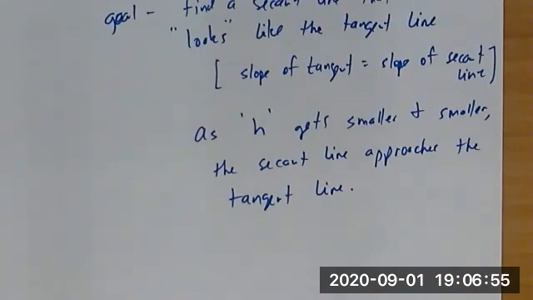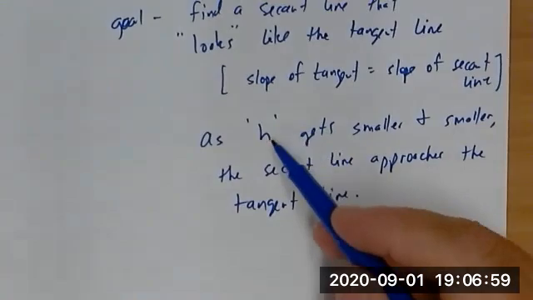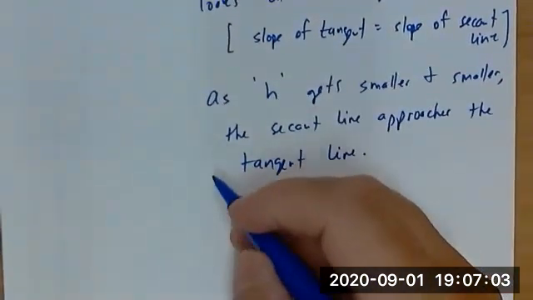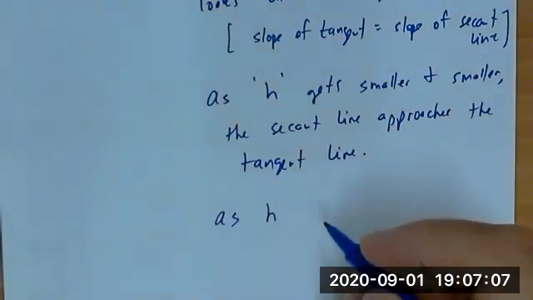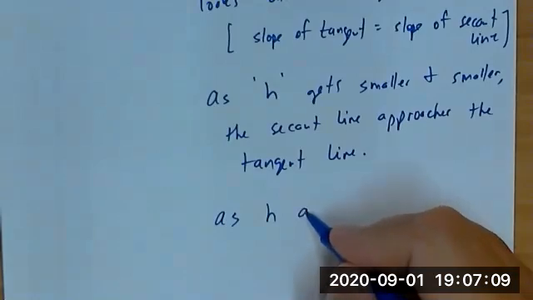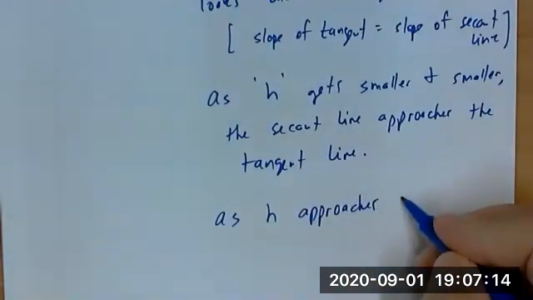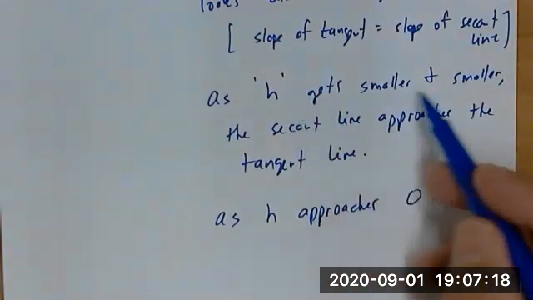Now, one last principle to top this all off. What does this mean as h gets smaller and smaller? You know what we could say? We could word this differently. I could have said as h approaches 0, right? That's what it means for h to get smaller and smaller.